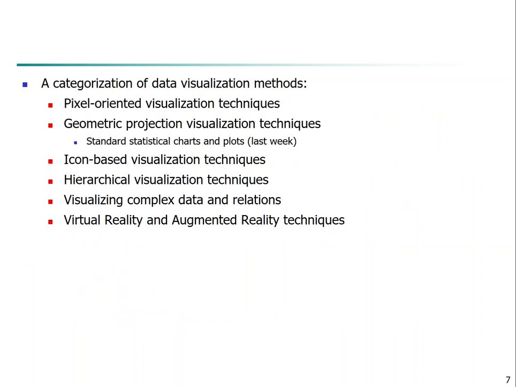Because there are so many data visualization methods, the textbook provides a good way to categorize them. We're going to look at the pixel-based visualization techniques and geometric projection techniques. The plots and charts that we looked at last week fall under this category.